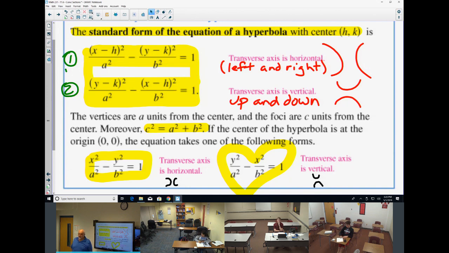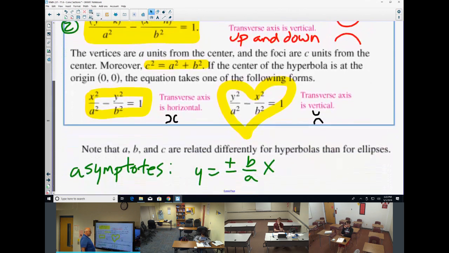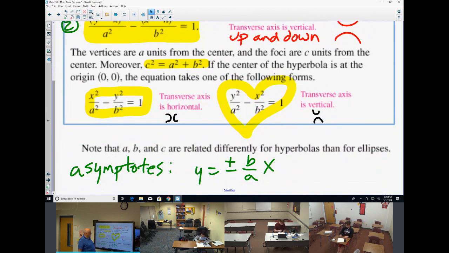I also want you to write one more equation at the bottom that I also left a blank for, and that's to find the equation of the asymptotes, and that's y equals plus or minus b over a times x.